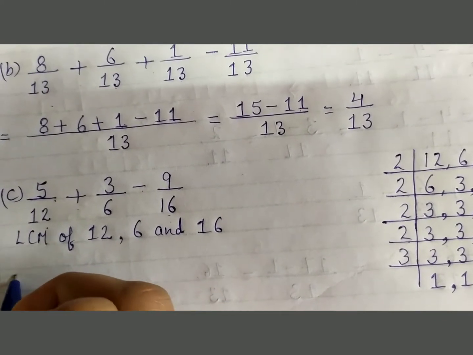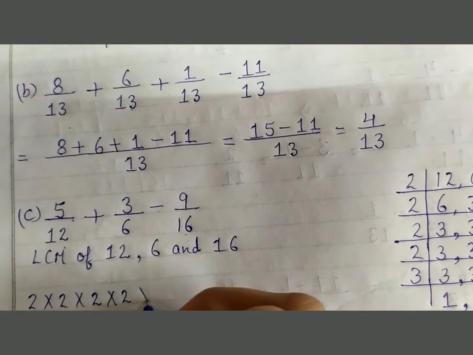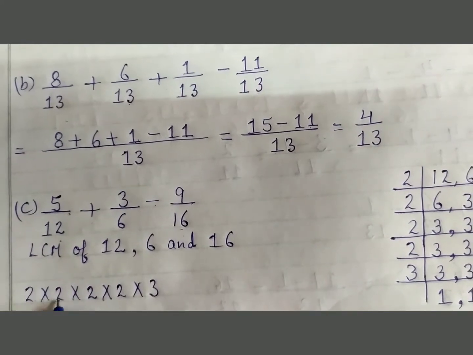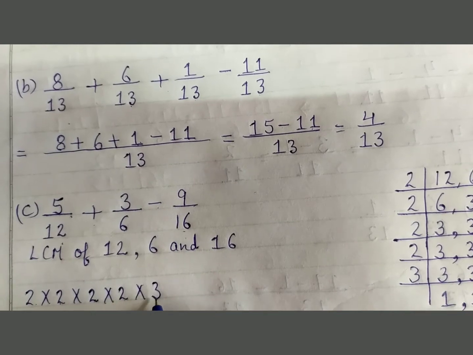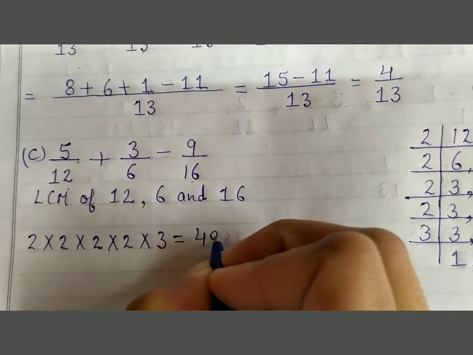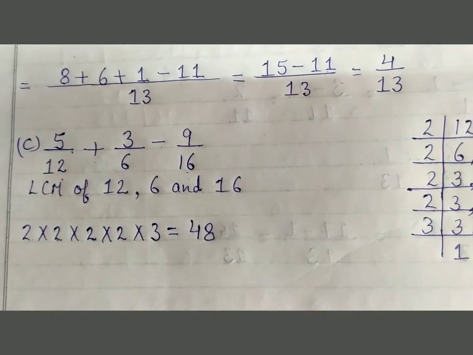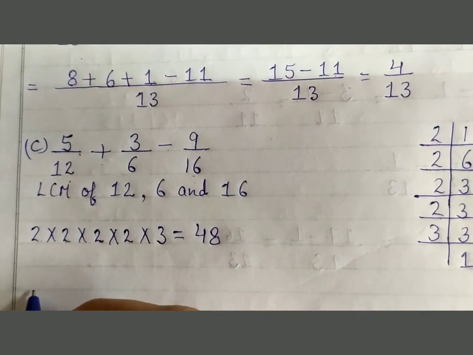LCM is 2 multiply 2 multiply 2 multiply 2 multiply 3. 2 twos are 4, 4 twos are 8, 8 twos are 16, 16 threes are 48. Write 48. Since 48 is the common denominator, write 48 in the denominator.